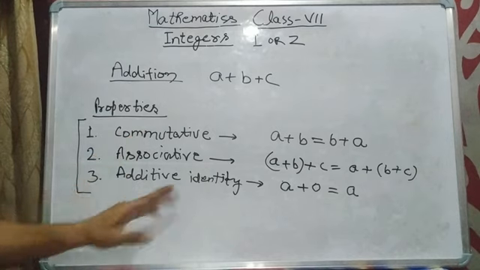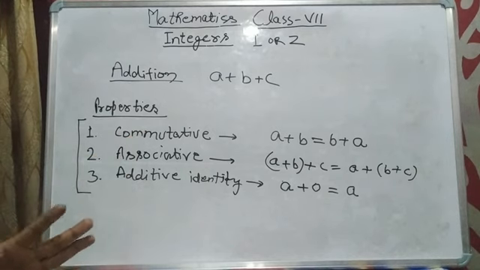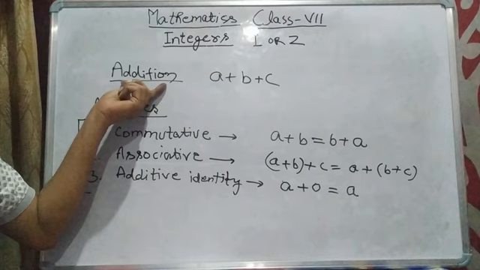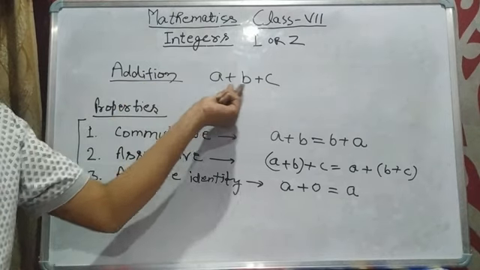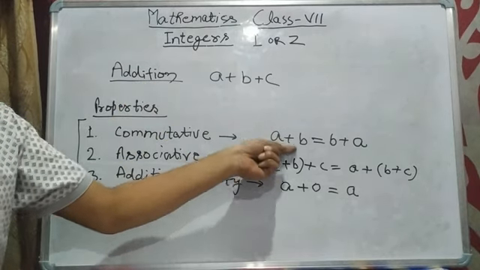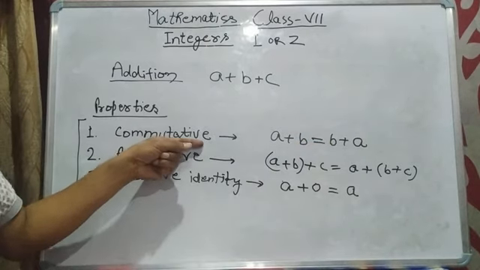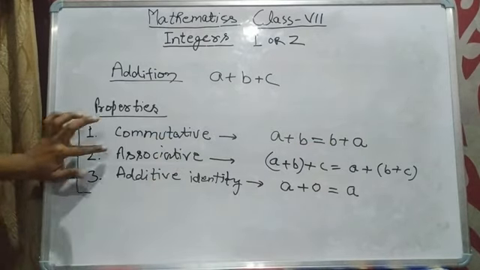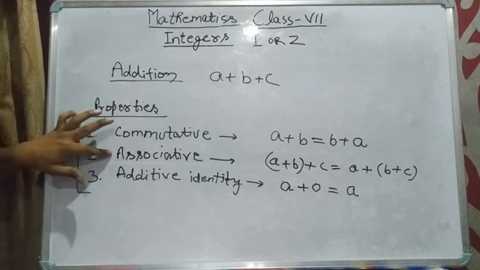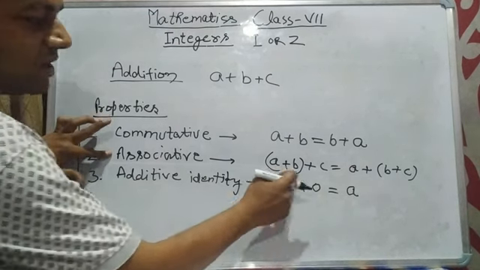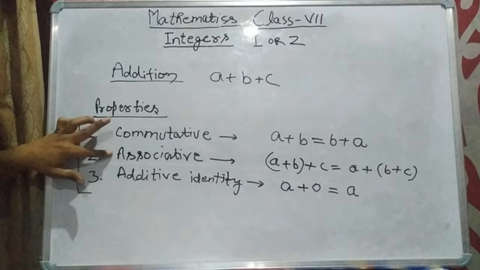These properties can't be possible in the case of subtraction. If we are considering a subtraction, minus sign will be there. So we can't say A minus B is equal to B minus A. So this property is not for subtraction. Associative property is also not for subtraction, because minus sign will be there, the result will be changed.